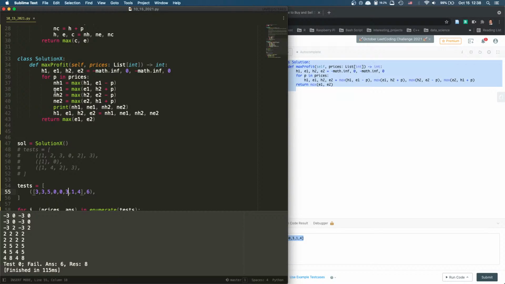Hold on. Man, I have no idea. And then I buy. Shouldn't it be like we do a first transaction and then do the second transaction?